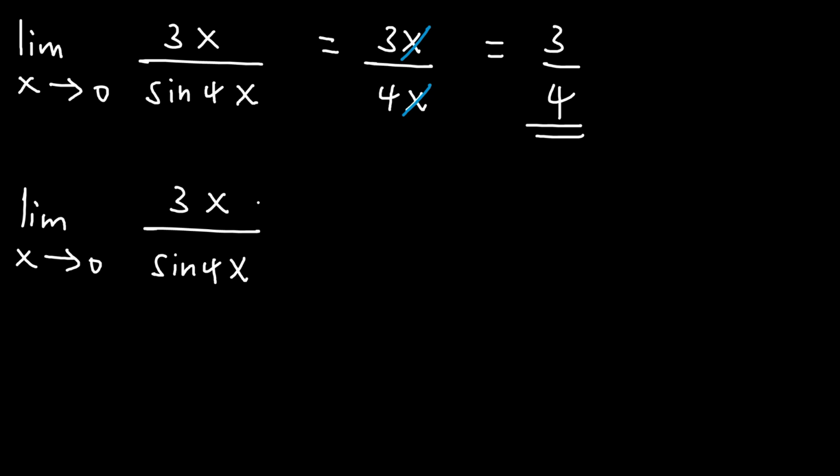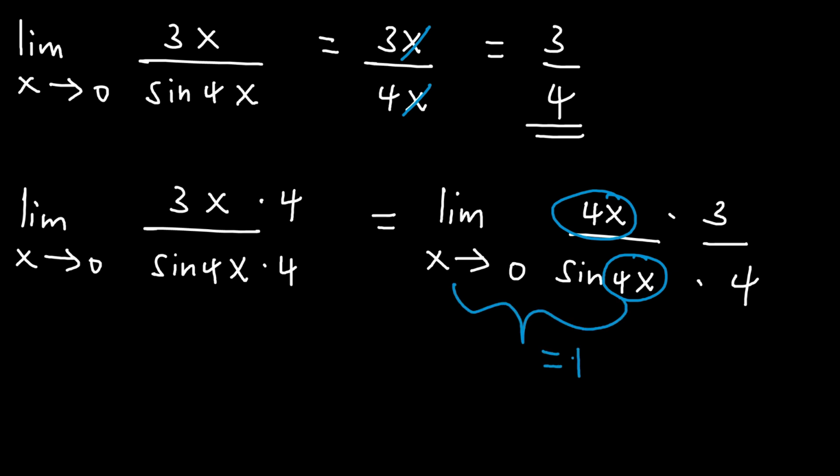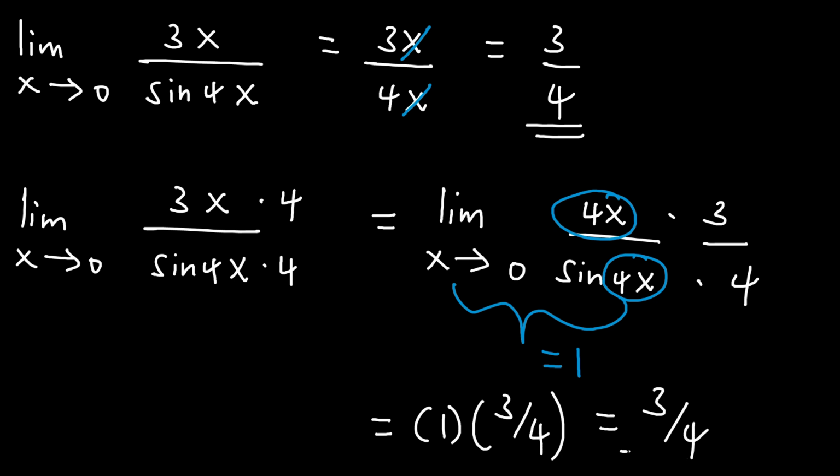And now what you need to do is multiply this by 4 and also this by 4. And so this will be equal to the limit as x approaches 0. Now instead of 3x, we shall write 4x and then times 3 divided by sine 4x and then times 4. And as you can see, this is the same as this. Therefore, this will be equal to 1. So we shall have 1 times 3 divided by 4, which is 3 divided by 4. So you get the same answer.